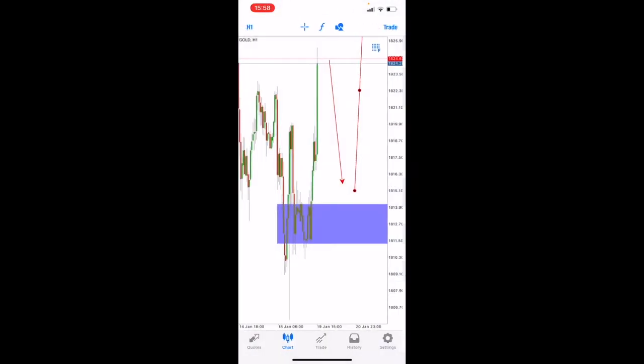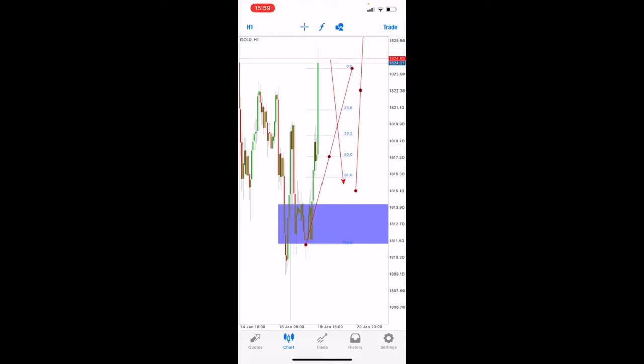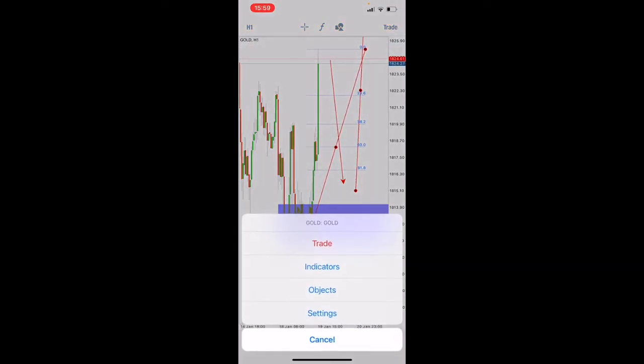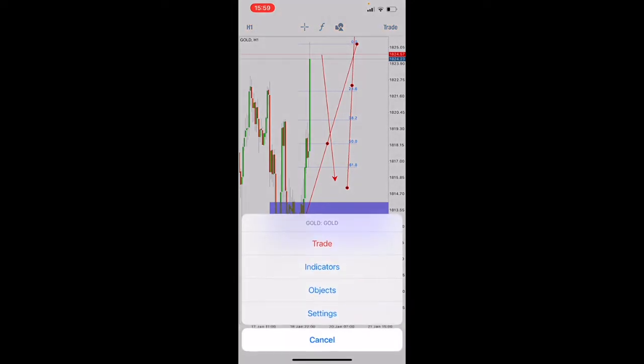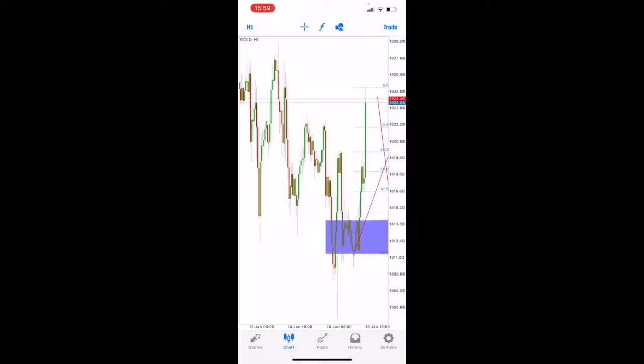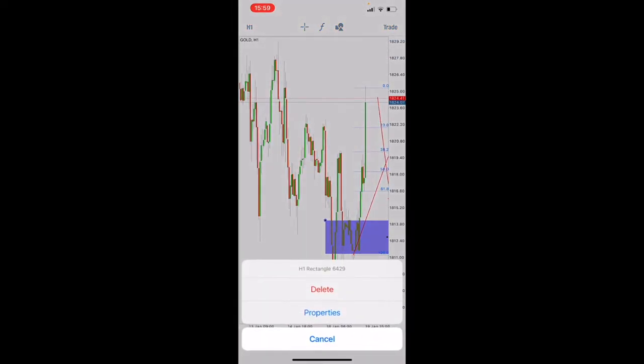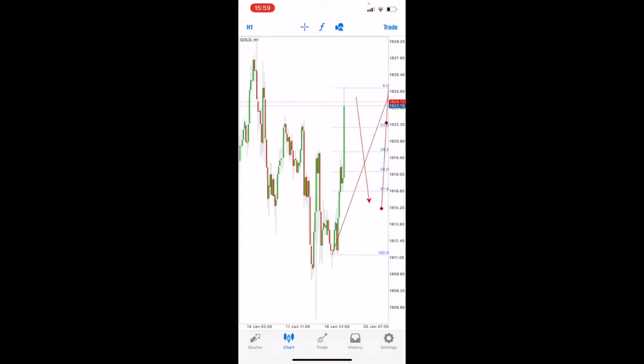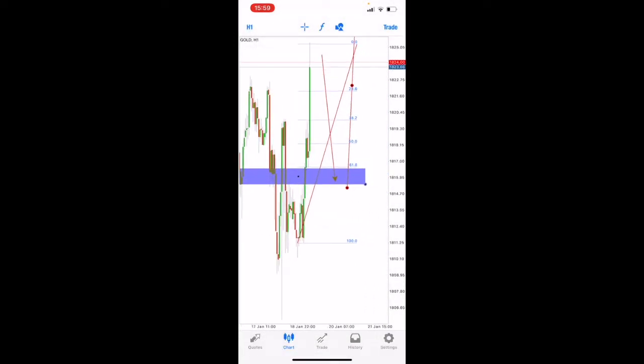Don't really trade like this, but let's put it at 61%. So we'll remove this zone. Let's say over here. So let's say you believe that price will decrease to the 61.8% and there's sort of support, and then increase from there.